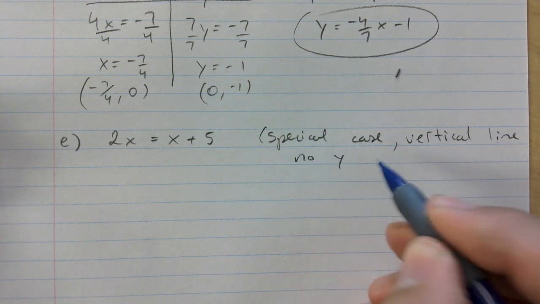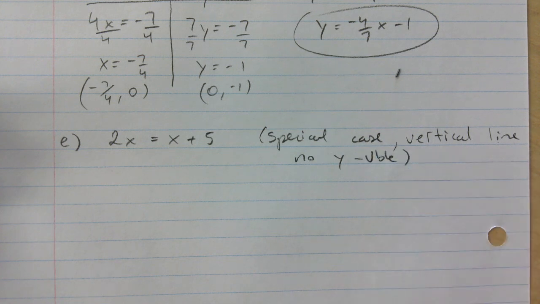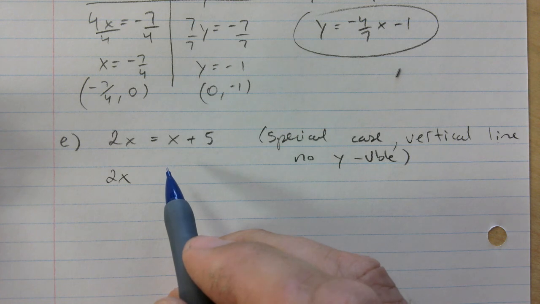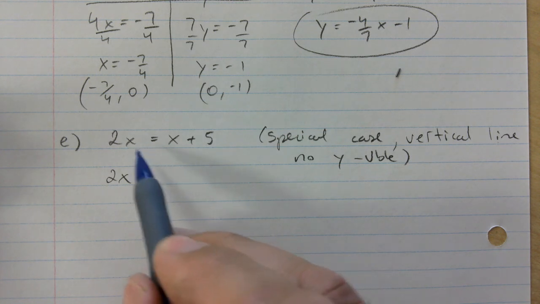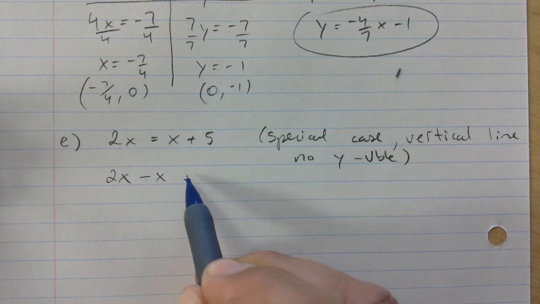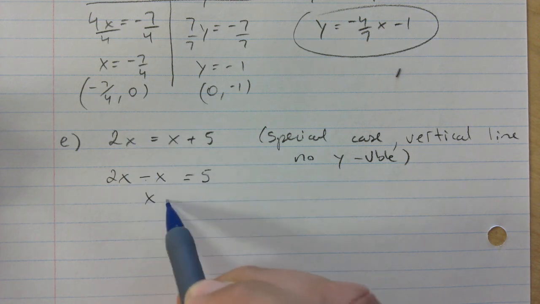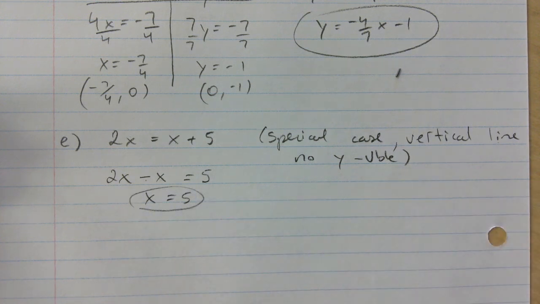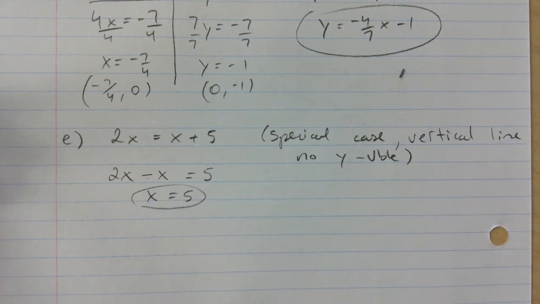Right? No y variable. So 2x, guys, come on. 2x minus x, right? Because the x comes over subtracting is equal to 5. So x is just equal to 5. That's it. It's a vertical line going through 5, 0.